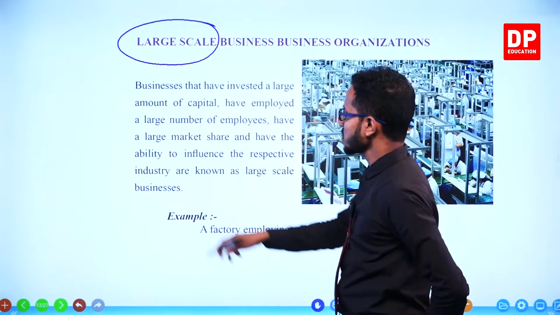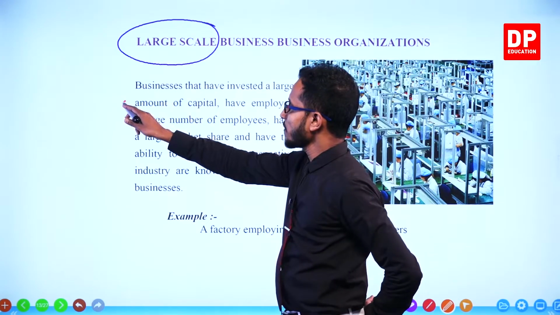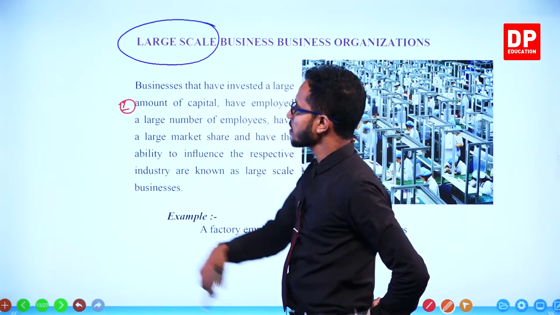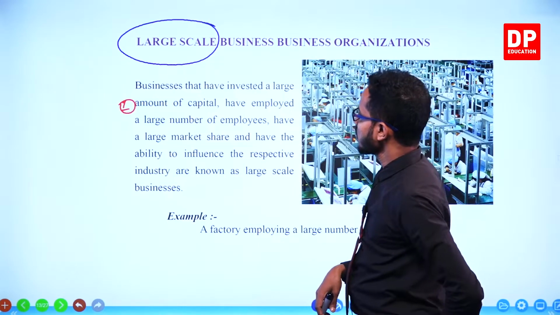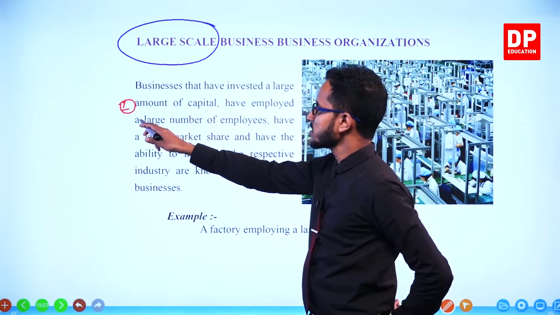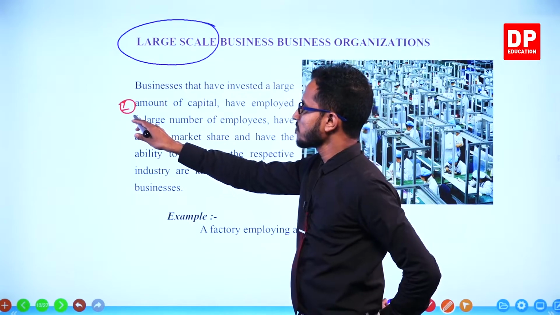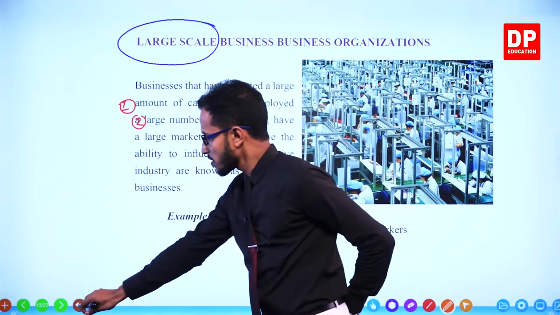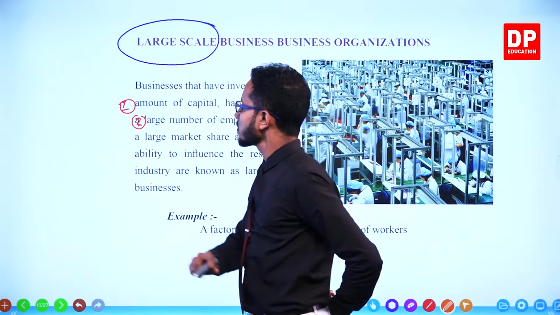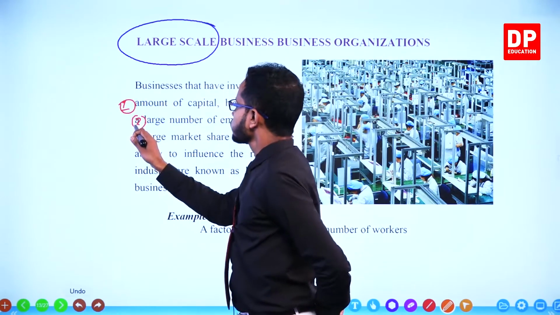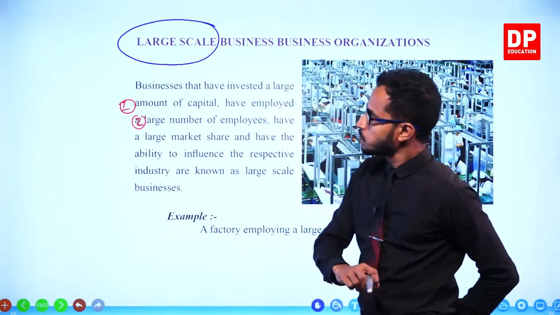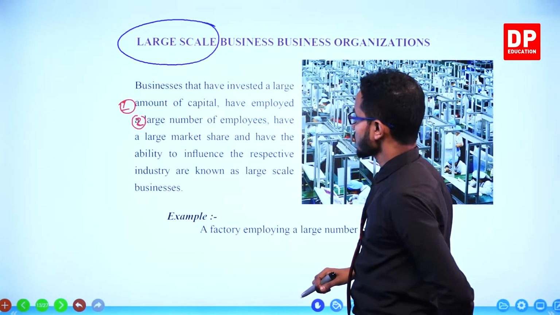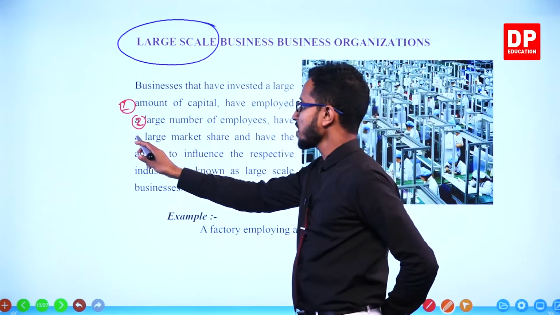Again, important things. Amount of capital, see? Number of employees. Market share.